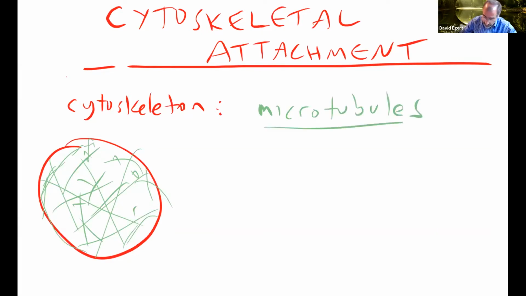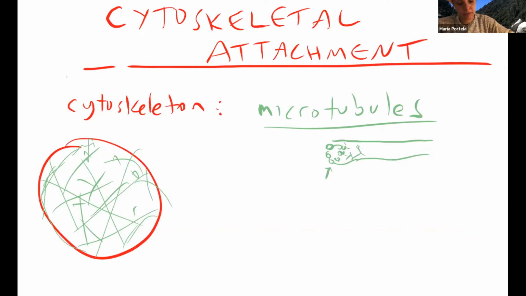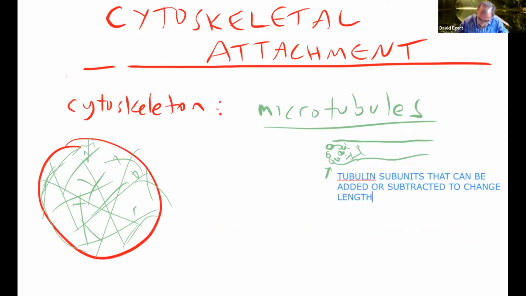Microtubules are made out of these little tubulin subunits, and you can add them in and lengthen them.